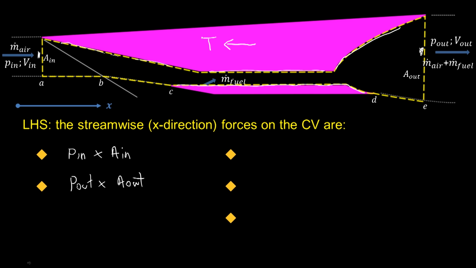Interestingly, that thrust is equal and opposite to the thrust force, or the reaction force to the thrust, that the vehicle applies on our control volume. And since we're doing the analysis on the control volume, we actually are interested in a force in the other direction, which is our reaction to the thrust.